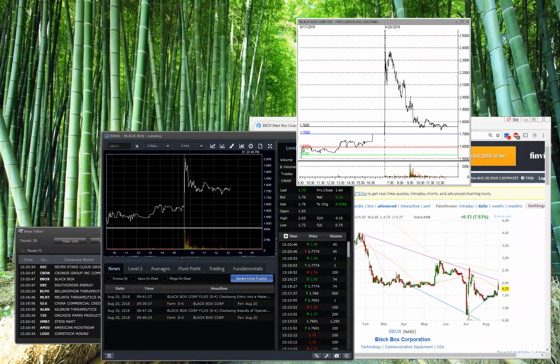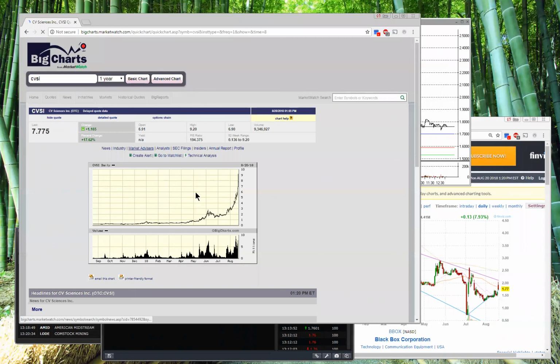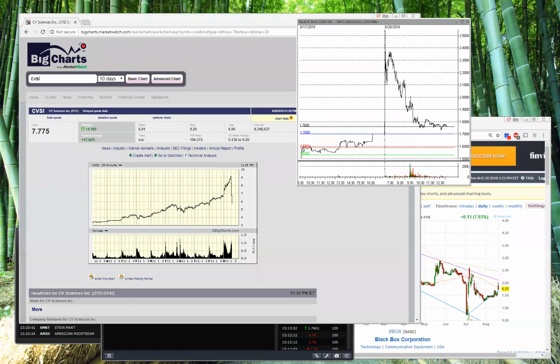Let's bring up my chart. $5. Let's see if we go to $5. $5.50 is the first spot to look at. Then $5. So let's hope it goes down under $5.50, dude.